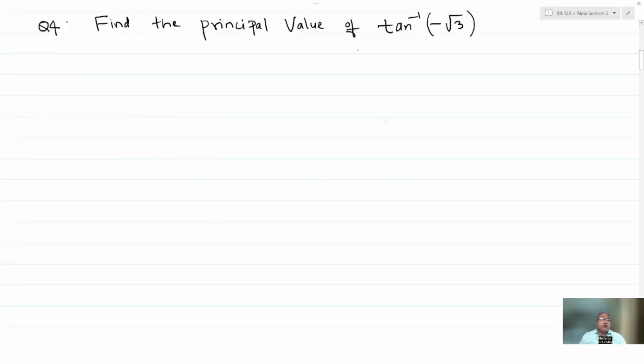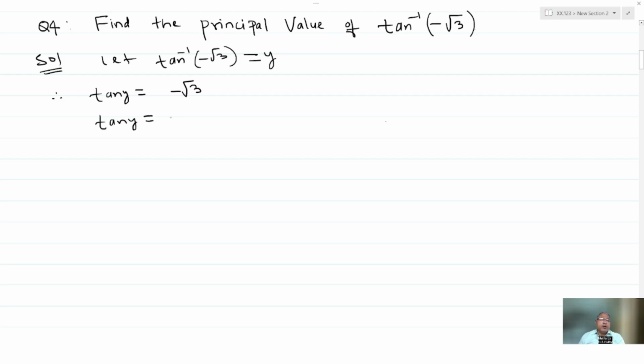Question number 4. Find the principal value of tan inverse of minus root 3. Solution. Let tan inverse of minus root 3 equal y. Therefore tan y equals minus root 3. Minus root 3 can be written as minus, with root 3 inside the bracket.